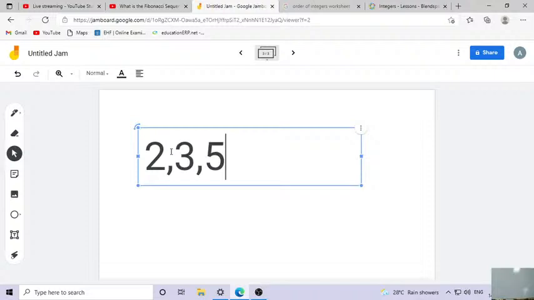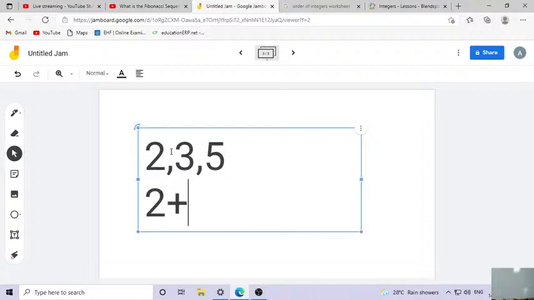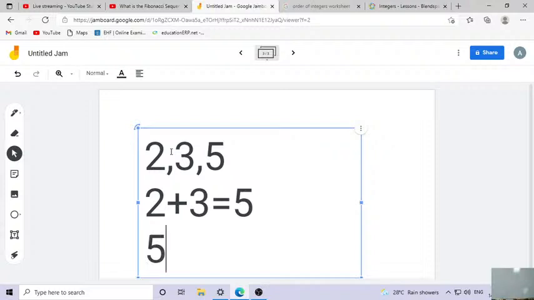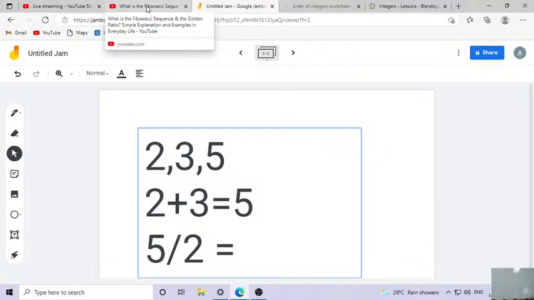The next number in the sequence is 5. So 2 plus 3 is equal to 5. Now what we have to do is divide this sum by the first number. What is the ratio you are getting? Divide 5 by 2.